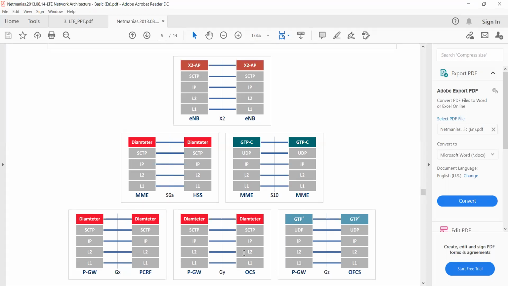But the network is continuously monitoring via the online charging system, because your UE is in connected mode, how much data you have consumed. After that limit, they will stop your data flow. Data comes from the P gateway.